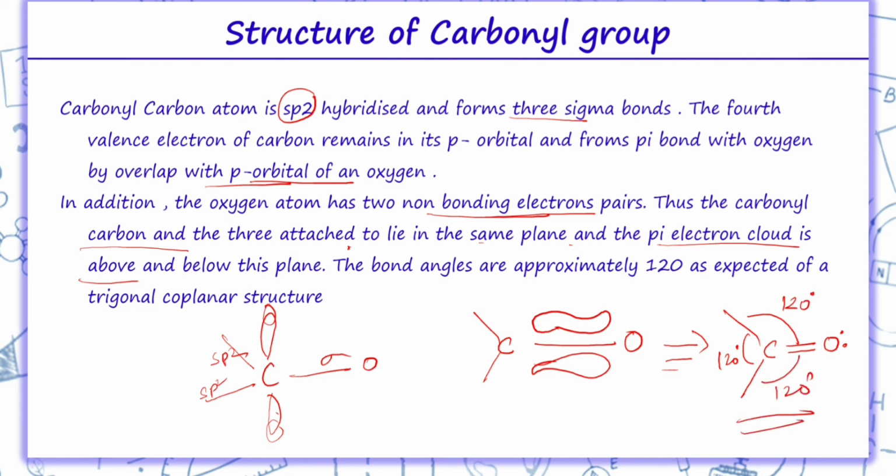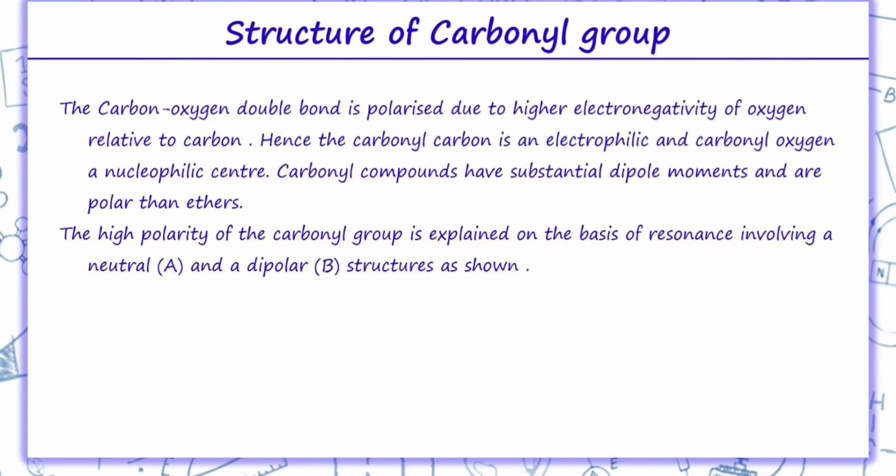Thus, this is the structure of carbonyl compounds. Now, the carbon oxygen double bond is polarized. Why is it polarized? Due to higher electronegativity of oxygen. This oxygen has higher electronegativity.